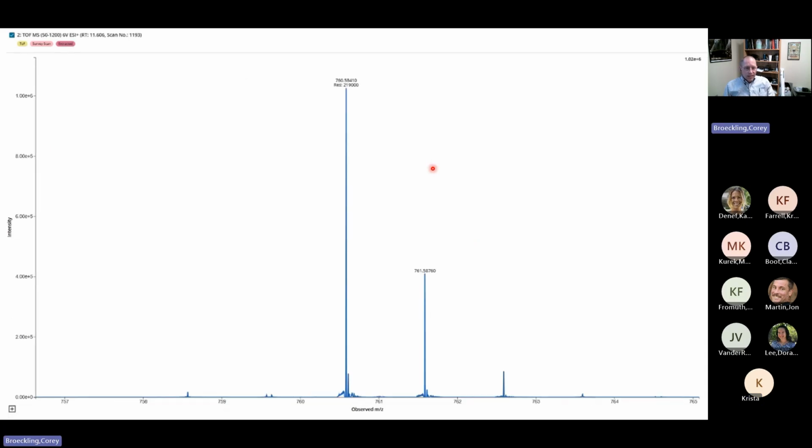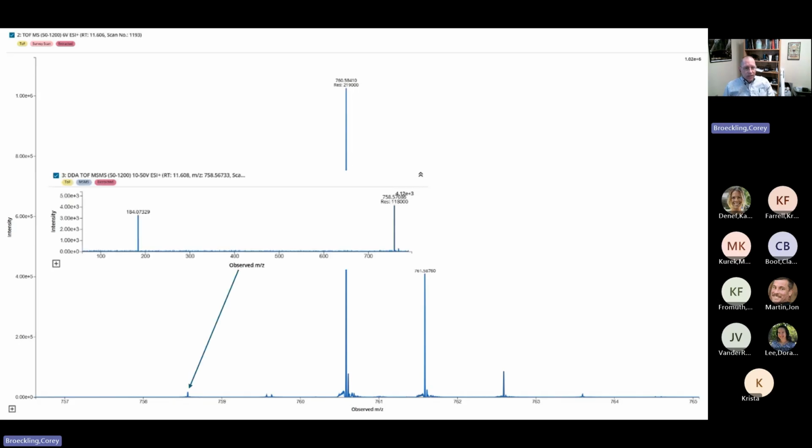Now, if I zoom into that 760 region, here you can see those isotopes. So we've isolated them on the precursor and fragmented them. But the exciting part for this instrument is not that we can sample that relatively intense ion well. If you look now at some of the lesser signals, there's another signal here at about 758.5, and we can still get a good MS/MS spectrum for that, identifying this as yet another phosphatidylcholine with a nice prominent 184 and a very clean spectrum, even though this signal down here at 759 is only about 2% of the signal up here, and this is a 50 millisecond scan.